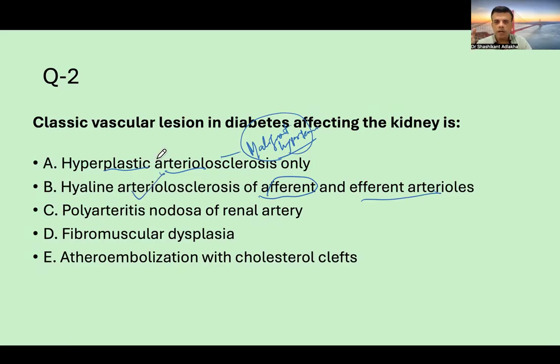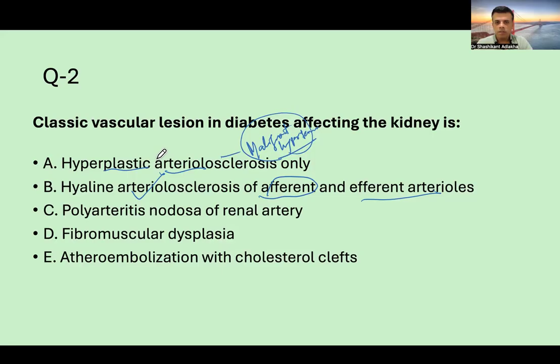It presents with hyaline protein deposits, but not fibrinoid necrosis, and not significant endothelial damage as happens in malignant hypertension. The important difference, which is often tested, is that in benign hypertension generally only the afferent arteriole is involved, whereas in diabetes both afferent and efferent arterioles are involved.